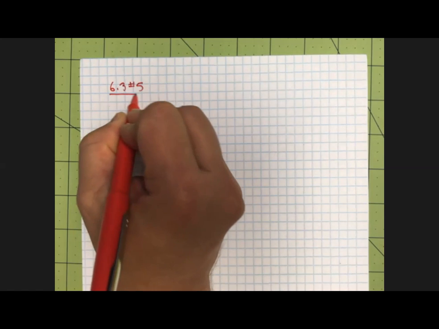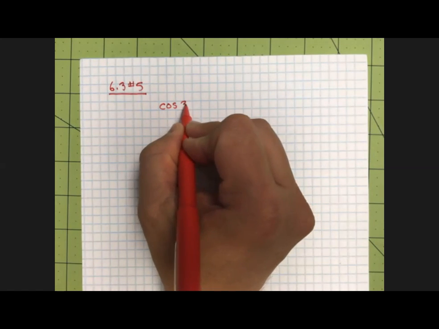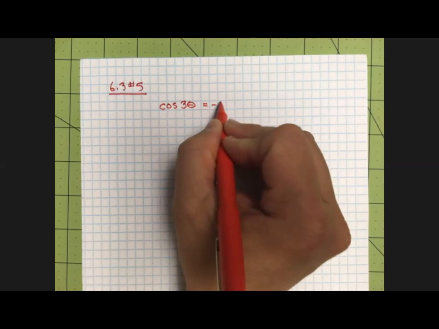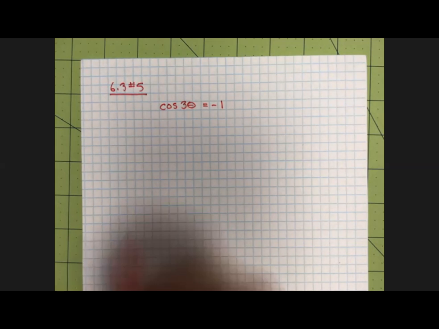Just practicing solving trigonometric equations. Cosine of 3 theta is -1. And they want all the solutions between 0 and 60.